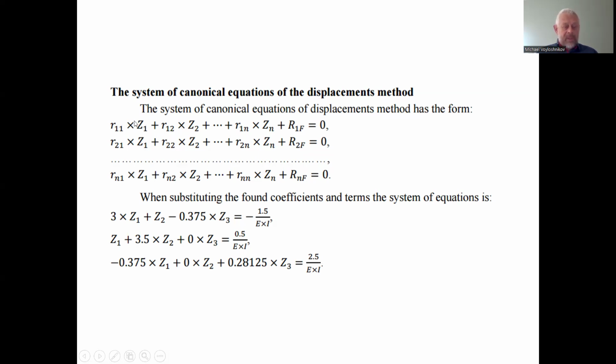Consequent displacement in each of the added extra connections, usually in the rigid nodes of the assigned mechanical system or in the hinges, just to constrain the translational displacement of the hinge in the main system, like the methodic assumptions to determine the canonical equation.